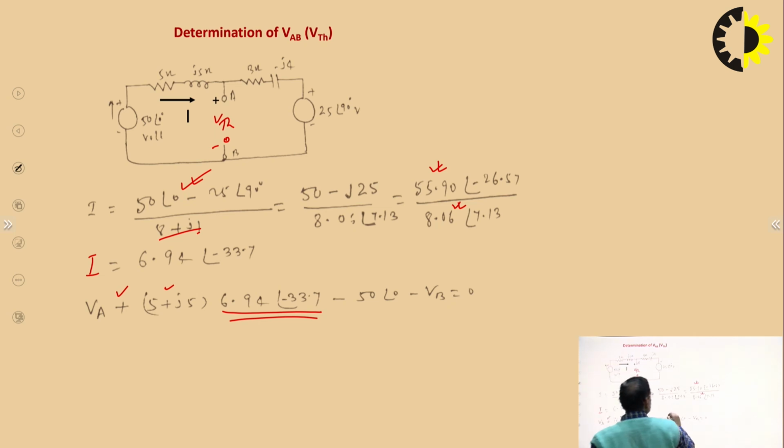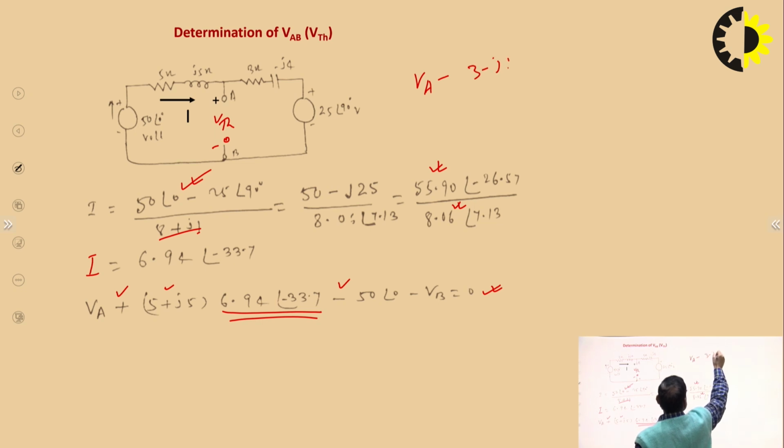So it is minus 50 angle 0 degree equal to VB. So this is the line equation.